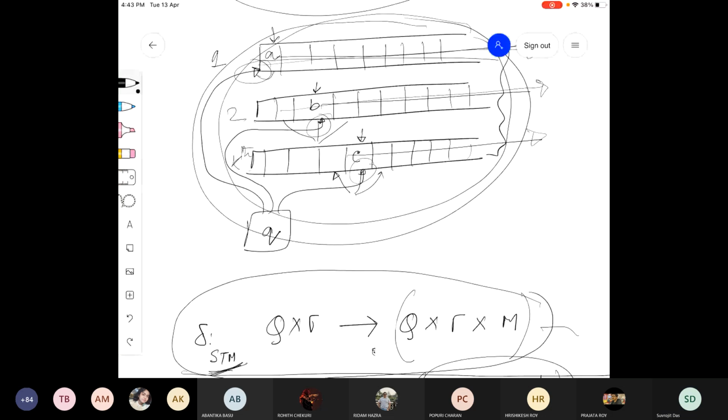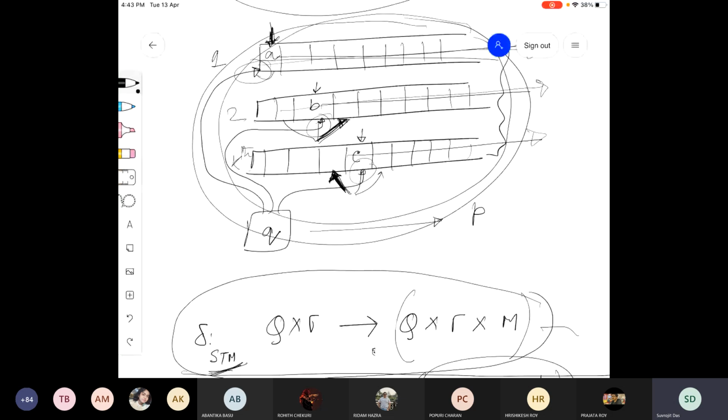Now you move to state p, and before doing so, you decide that the head of tape 3 should be going left, the head of tape 2 should be going right, and the head of tape 1 remains where it was.